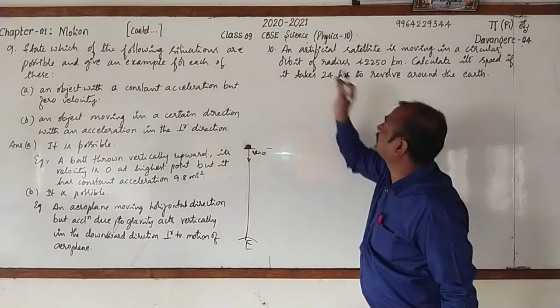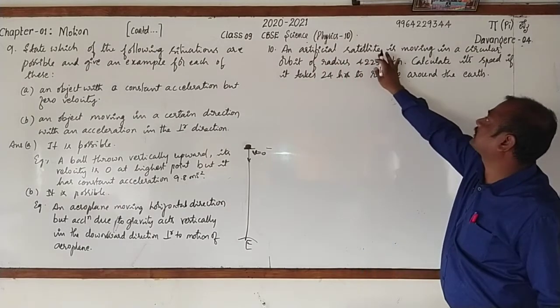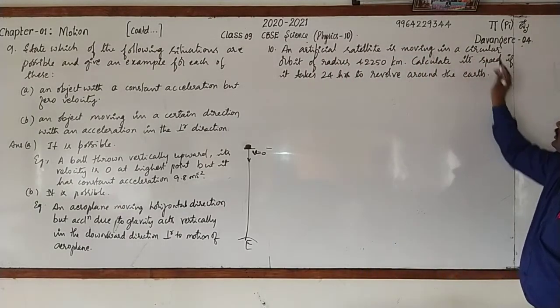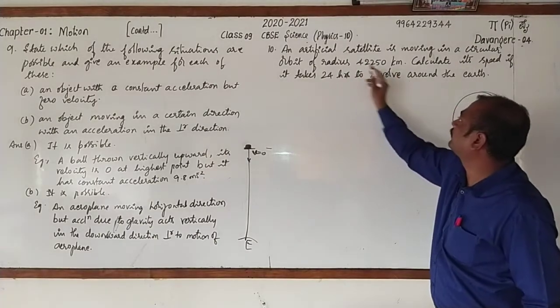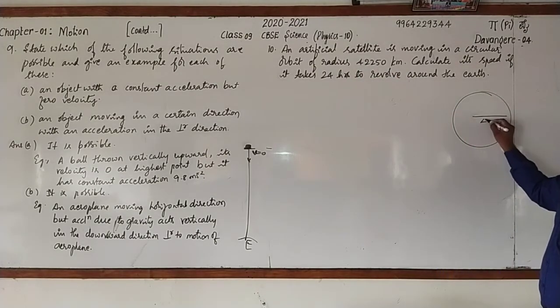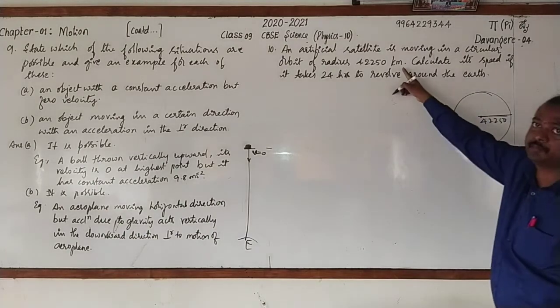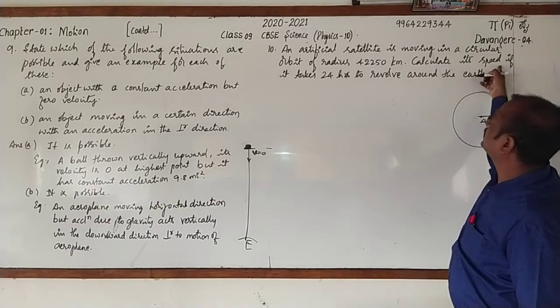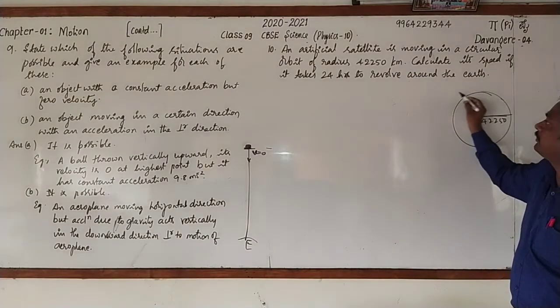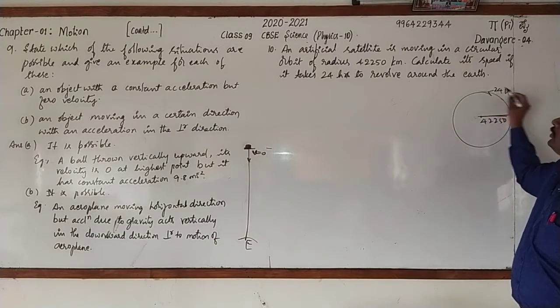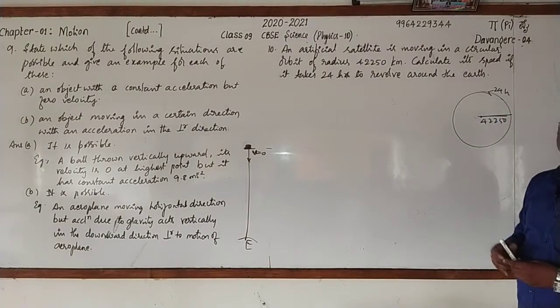10th one, go through that. An artificial satellite is moving in a circular orbit of radius 42,250 kilometer. Calculate its speed if it takes 24 hours to revolve around the earth.